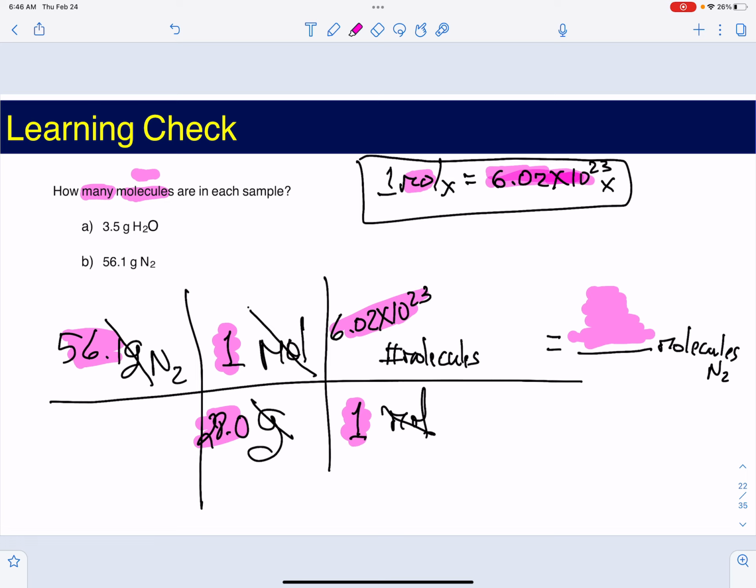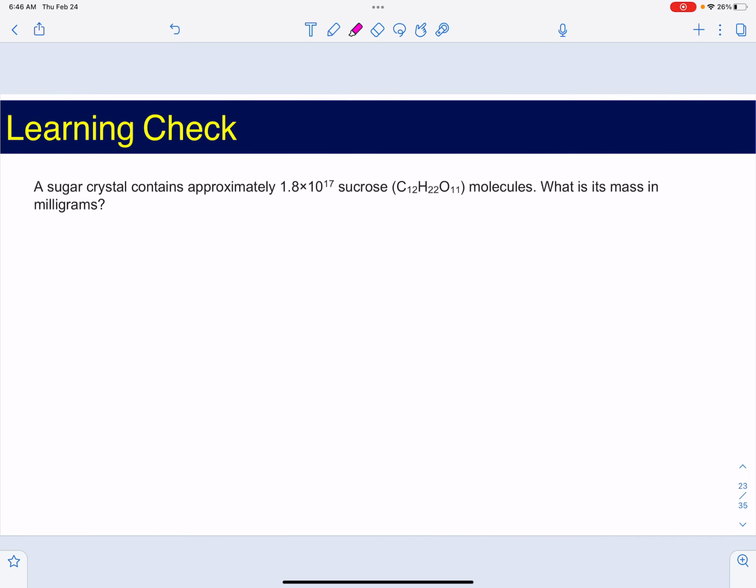Can we do it backwards? Given the number of molecules, can you give me the mass? But I want it specifically in milligrams. So let's find out.